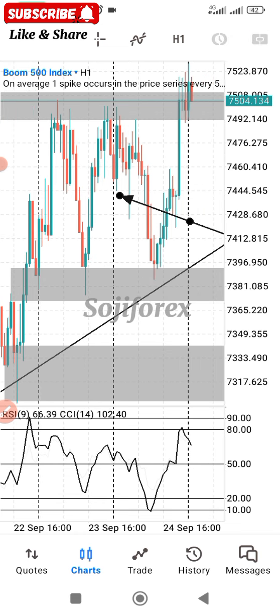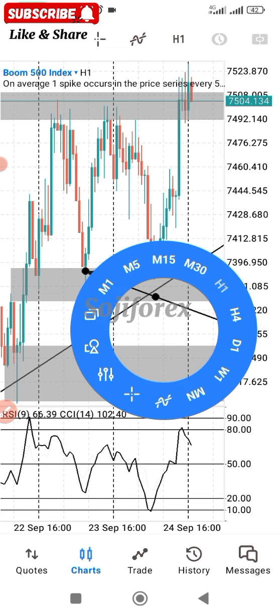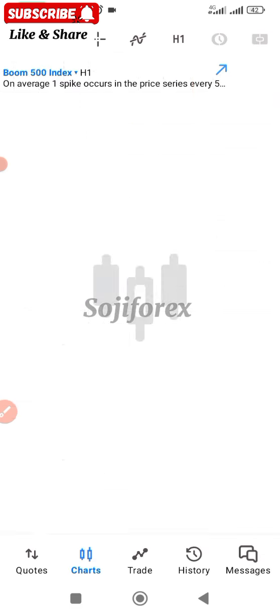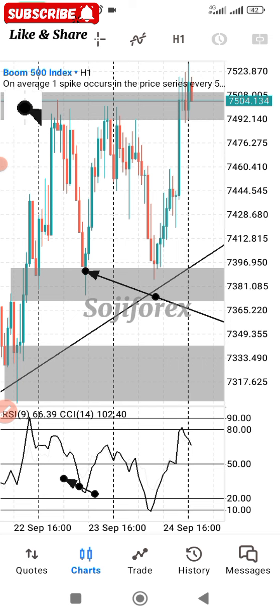Upon this retest, we want to see that our indicator window, the commodity channel index, is around the zone of 10 and 20, but in this case we don't have such, so we don't have a trade here.